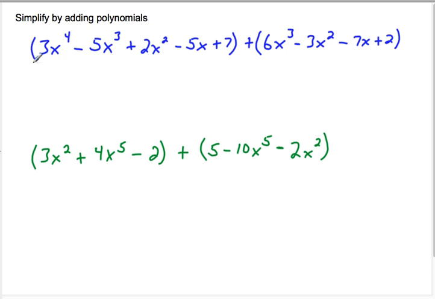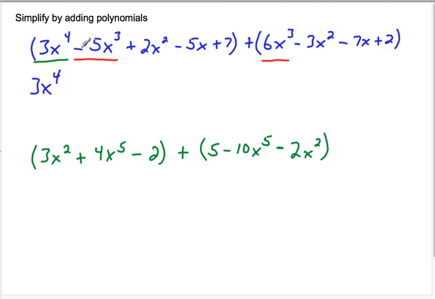We're going to combine like terms. So 3x to the 4th is the first thing I see. That's the highest degree, and I don't see anything else that goes with that, so I'm just going to put 3x to the 4th. Then I see a minus 5x cubed and a positive 6x cubed. Remember that the sign goes with the monomial to the right of it.